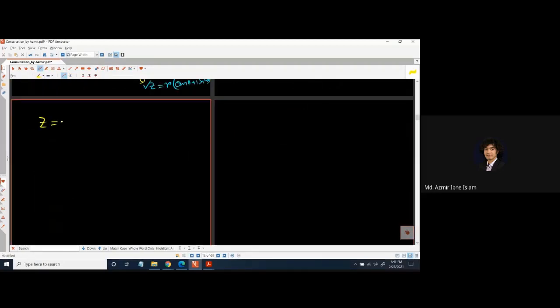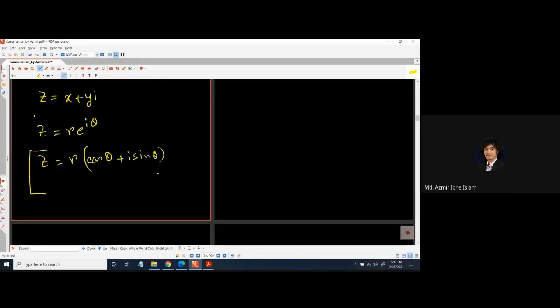Let me write again. z equal to x plus yi, z equal to r e to the power i theta, z equal to r (cosine theta plus i sine theta). So this is the same thing. So remember, the first one is known as rectangular or Cartesian form.